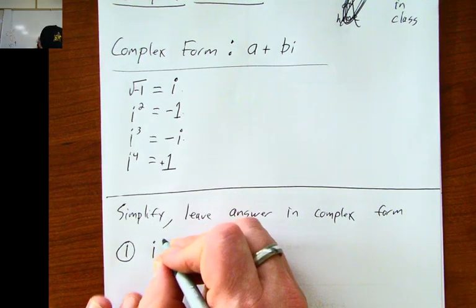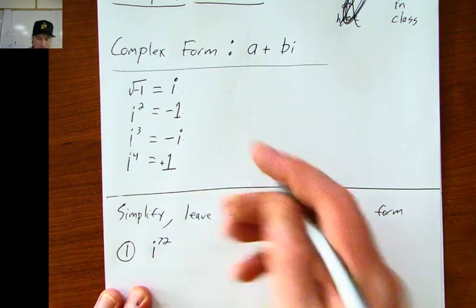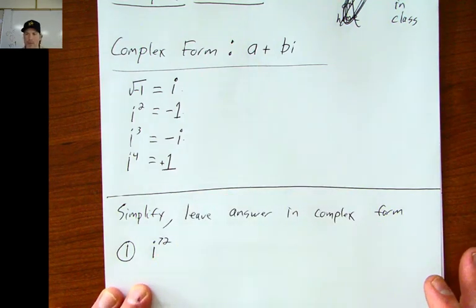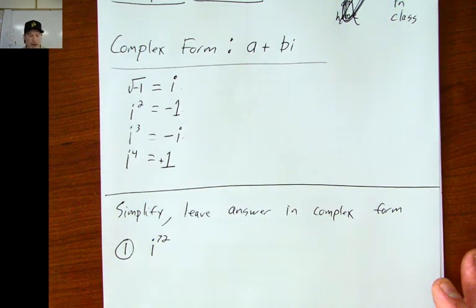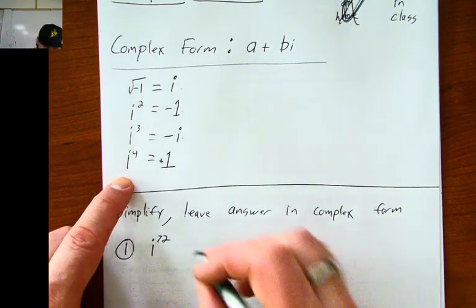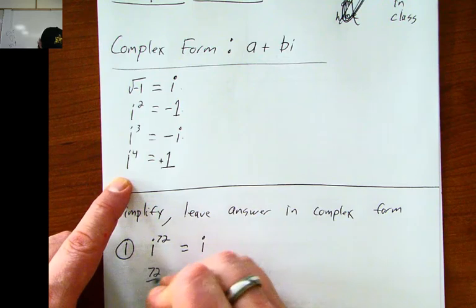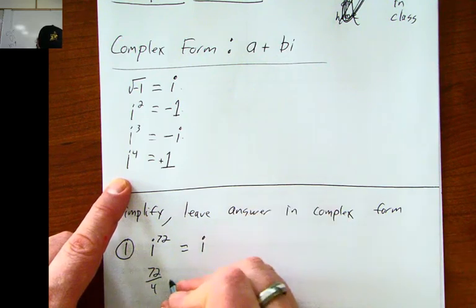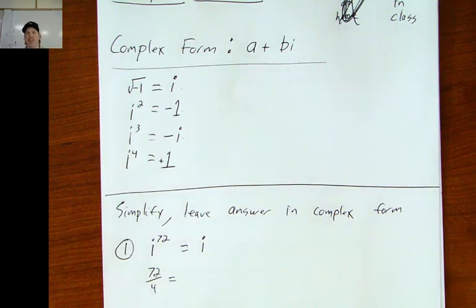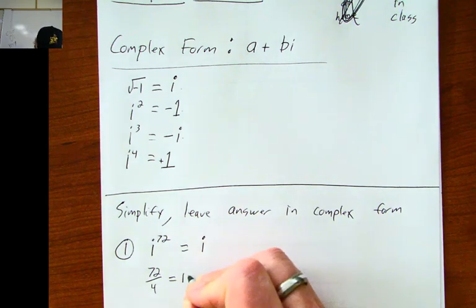Example number 1. Let's get i to the 72. Well, you want to divide out as many i to the 4s as you physically can. So kind of on the side, do your 72 over 4. And that actually divides evenly, doesn't it, to 18?